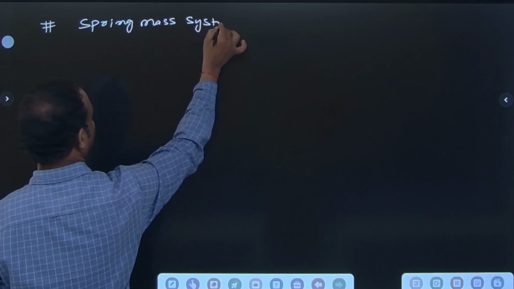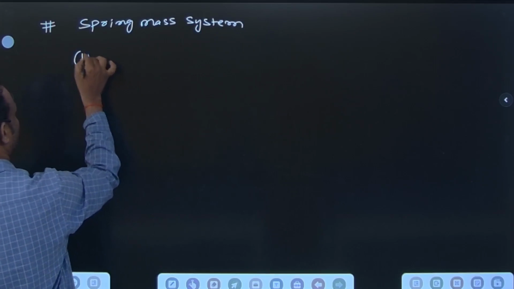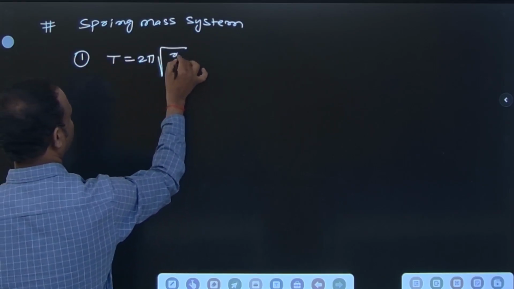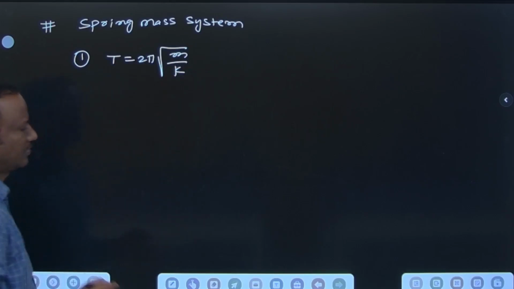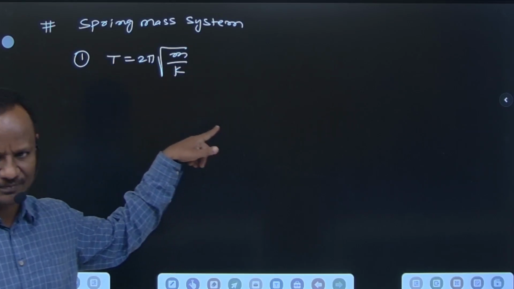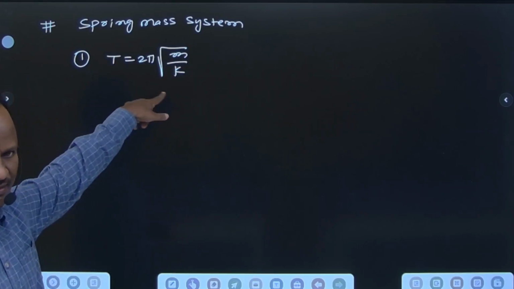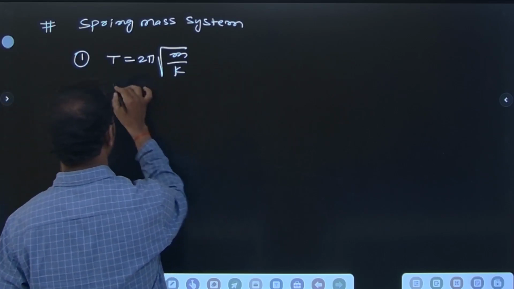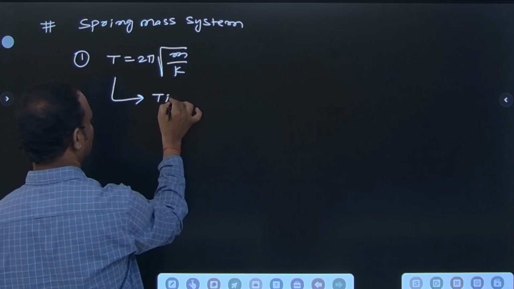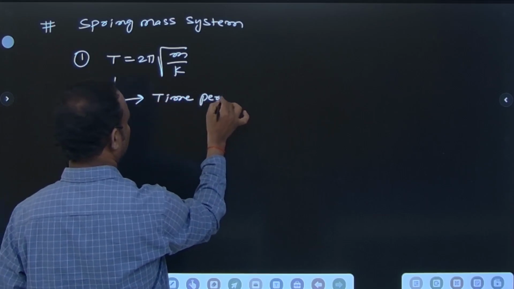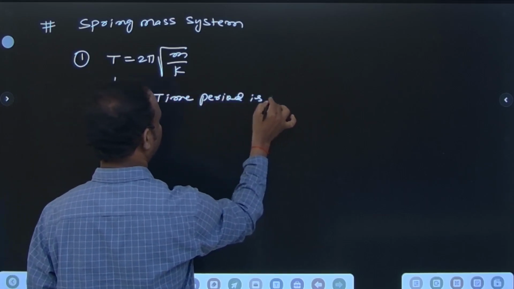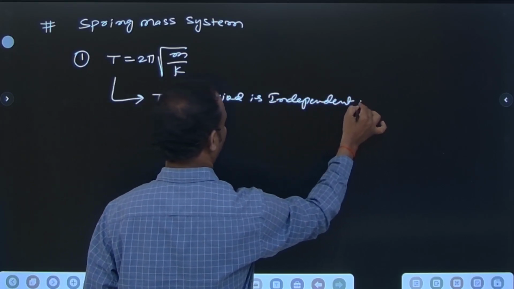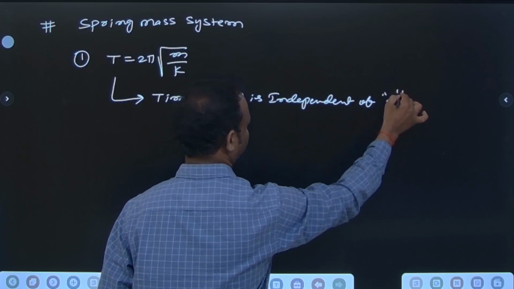For the spring mass system, the first thing I can show you is that T is equal to 2 pi under root of m by k. Is there acceleration due to gravity? Is there small g anywhere? No. So the time period is independent of small g.